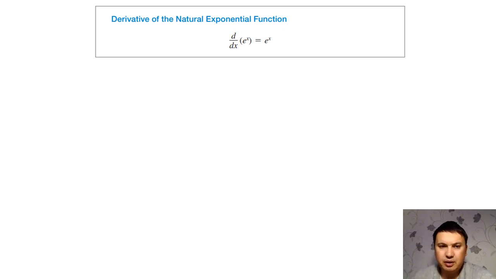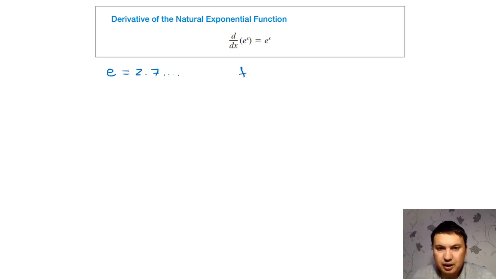If you remember, what was e? E is a constant, something like 2.7, etc. It's an irrational number. However, we need one of the defining properties of e to the x.